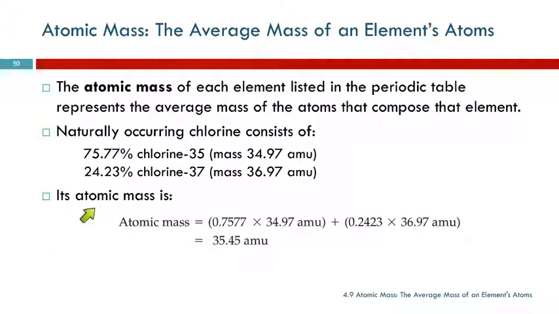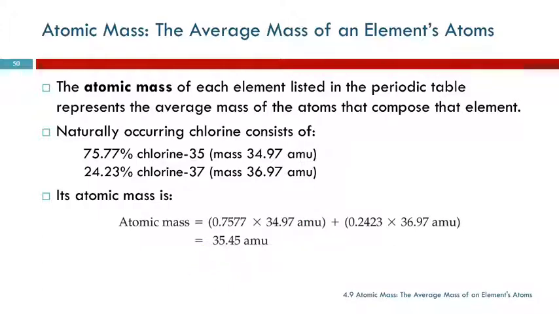So to find the average atomic mass, we take this percentage and make it into a fraction, a decimal. We divide by 100, so 0.7577 times the mass of that isotope, and then we add the percentage made into a decimal, 0.2423 times the mass of the other isotope. You do the math and you come up with 35.45 atomic mass units.